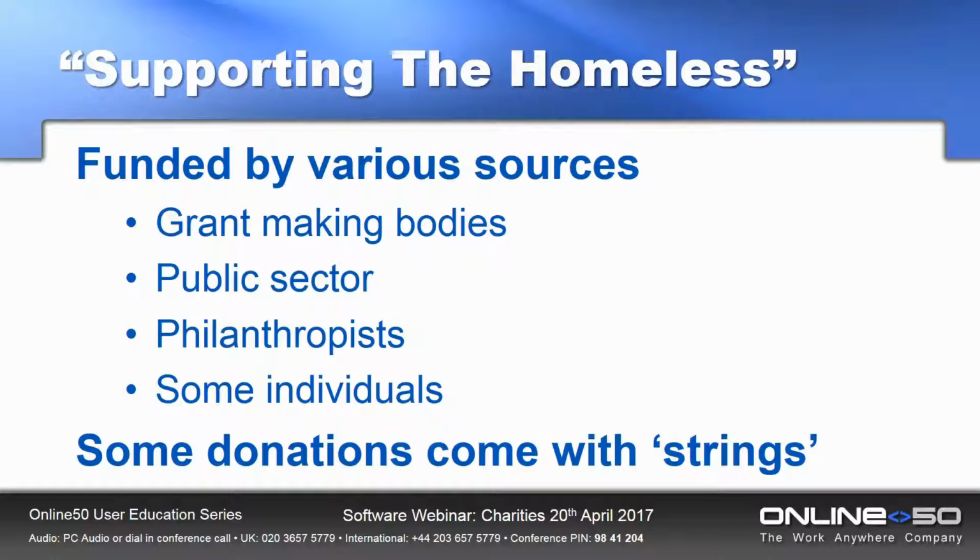Philanthropists often are wealthy individuals, and it's in my experience quite common for philanthropists to either do seed funding to get something off the ground, or sometimes to do matched funding. So they would want to see evidence that what they're giving is being matched. And individuals may or may not impose restrictions. If someone's been specifically helped, for example, by the charity, and they used to visit a particular food bank, they may want to give just to the work of that food bank.